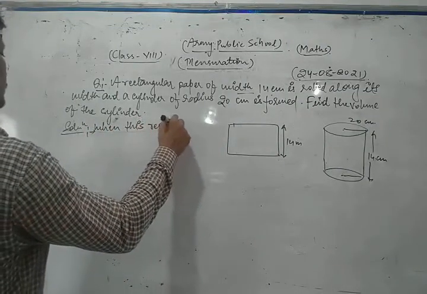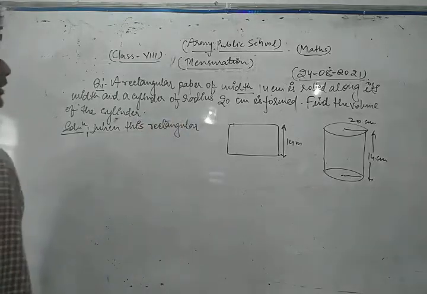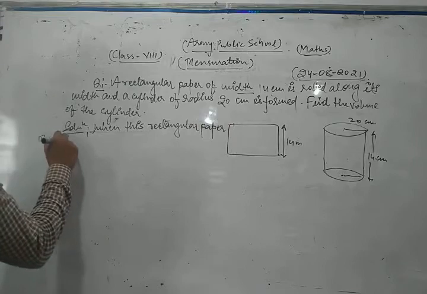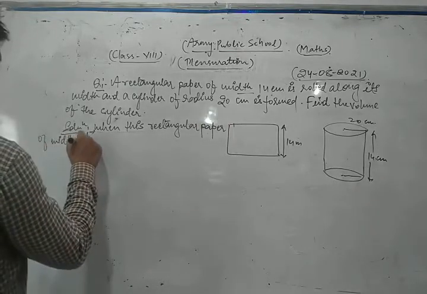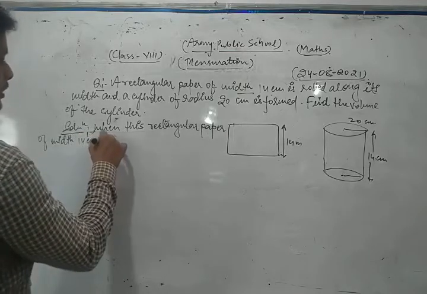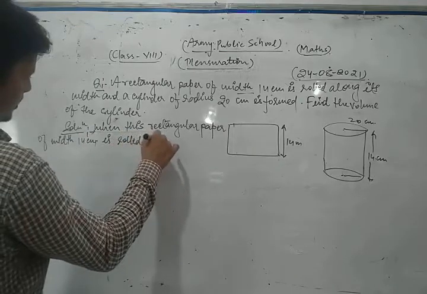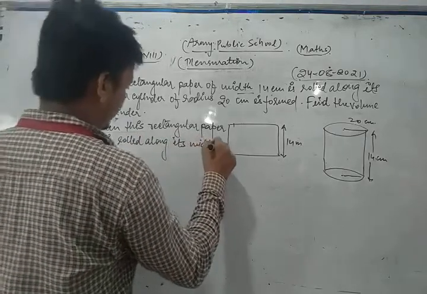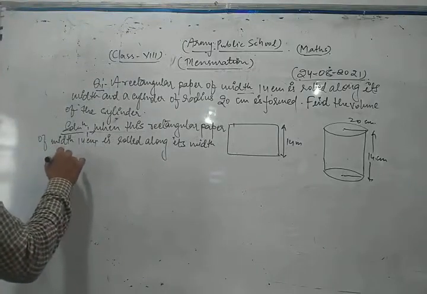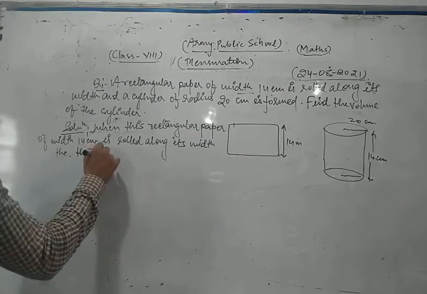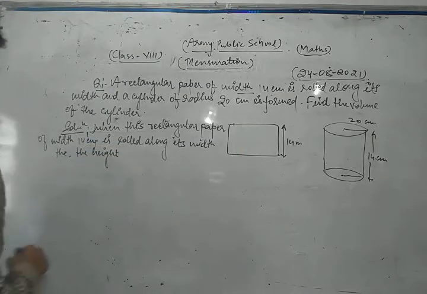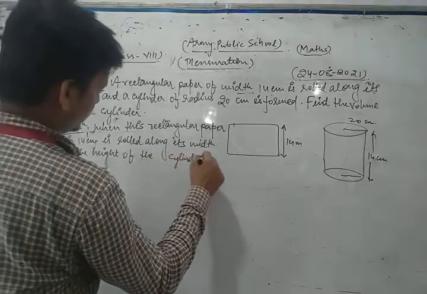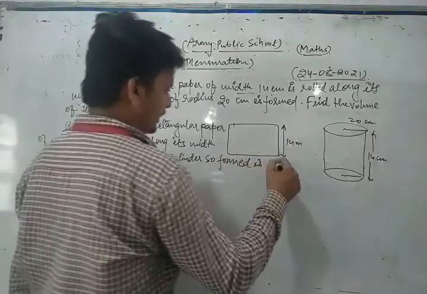So here we write: when this rectangular paper of width 14 centimeter is rolled along its width, the height of the cylinder so formed is 14 centimeter.